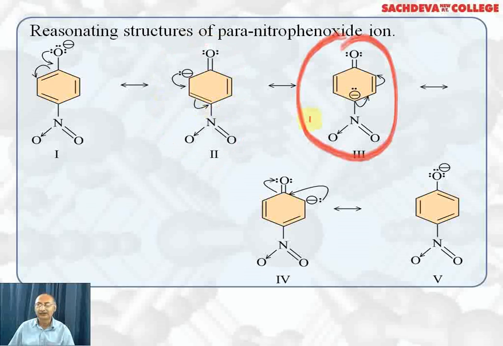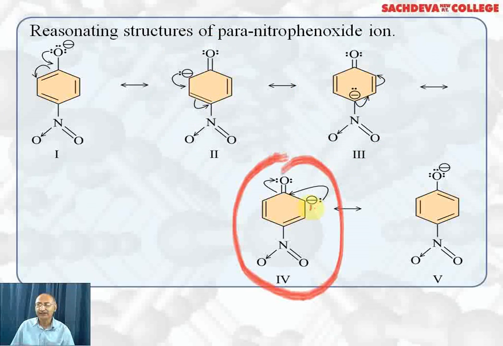Now this pair of electrons forms a double bond and pi electrons shift to the ortho position to the oxo group, and we get negative charge at the ortho position. This negative charge results in the formation of a double bond again, and this pair of electrons goes back, forming para nitrophenoxide ion.